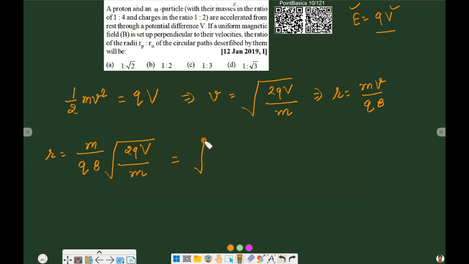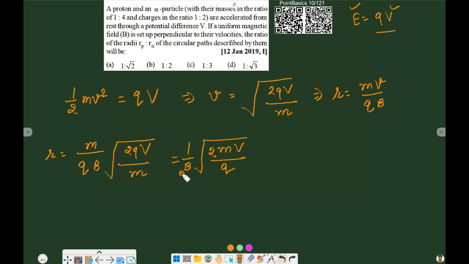So it will become 1 by B outside, and we will have root 2V, and m going inside the root becomes m squared divided by m, and q going inside the square becomes q squared, and q by q squared will be q. So here we will have q.